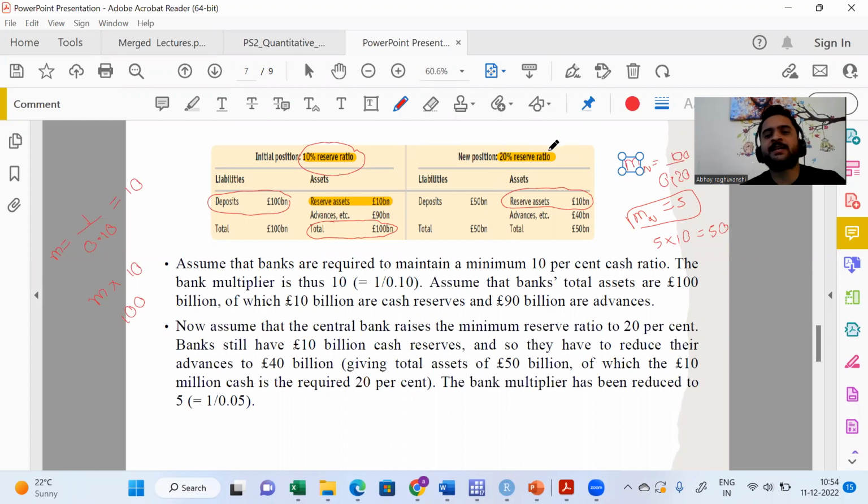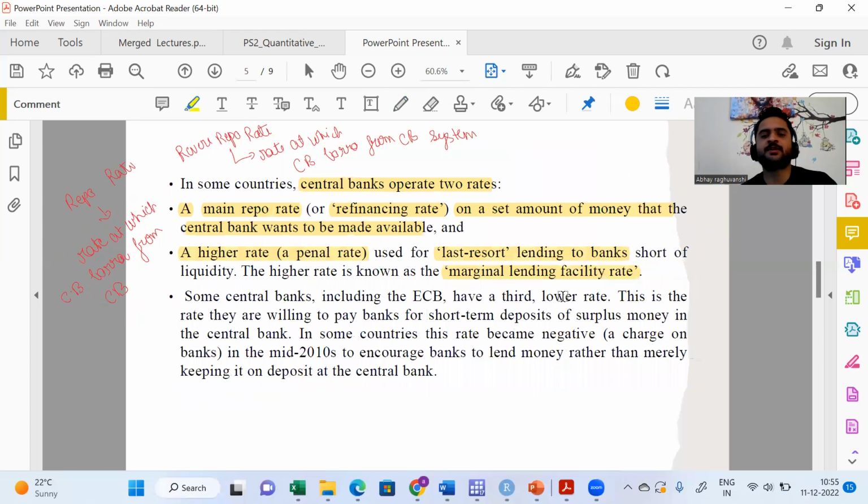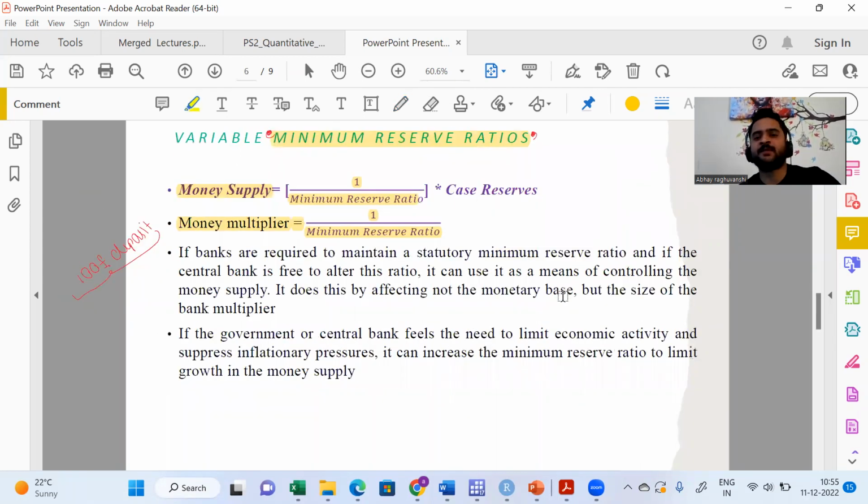We can clearly see that with the increase in the minimum reserve ratio from 10 to 20%, the central bank has been able to reduce the money supply. So now we have understood three tools by which the central bank can change the money supply: open market operations, the rate at which the central bank lends to the banking system, and the minimum reserve ratio.